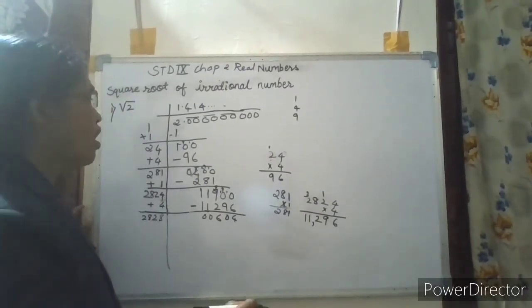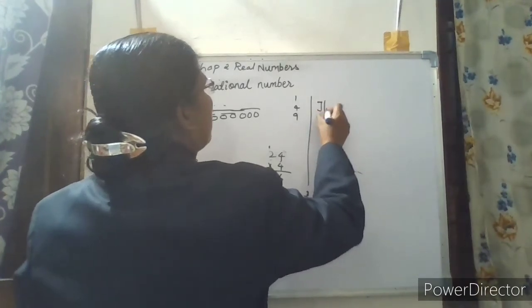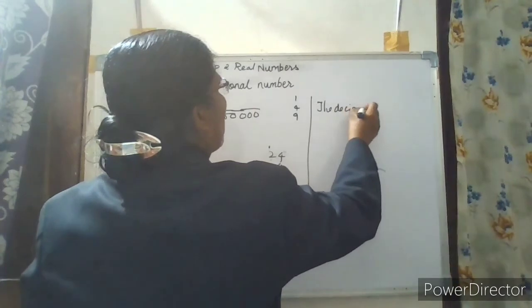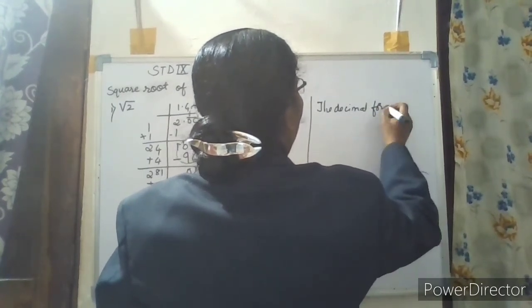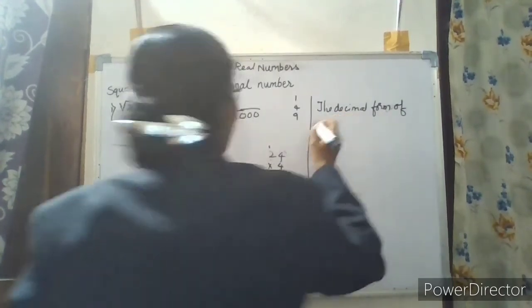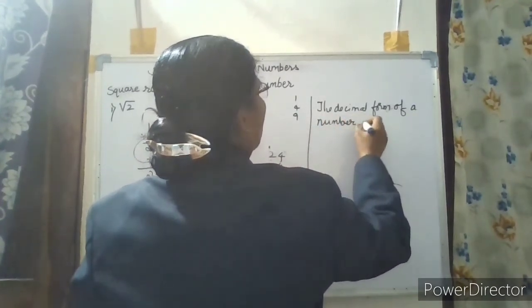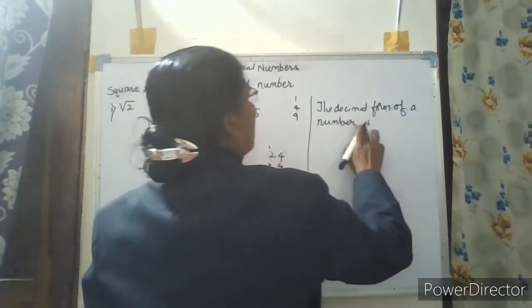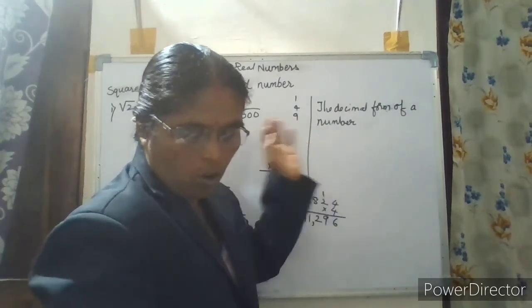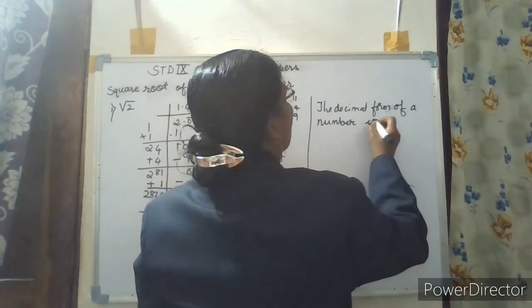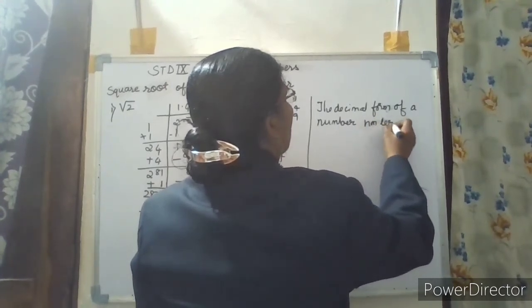Therefore, the decimal form of this number is non-terminating.